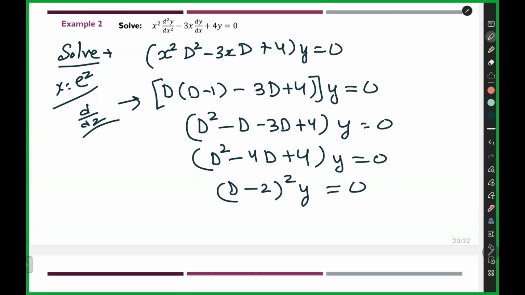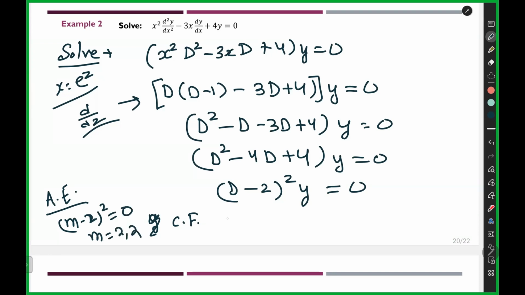Again, we have to write the auxiliary equation. It is m minus 2 whole square equals 0, so m takes the value 2, repeated. For the complementary function, it is the same type, with the same real roots.